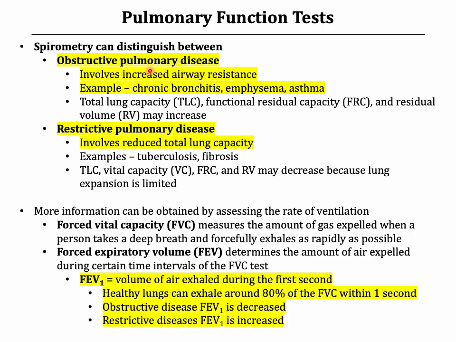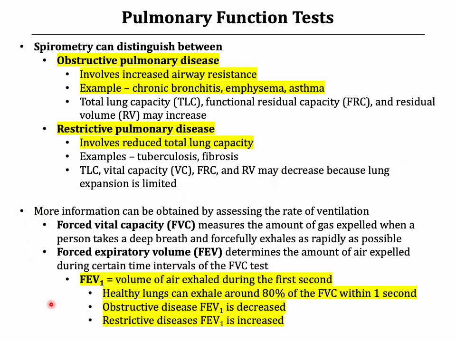There are going to be distinct capacities that are reduced or increased that really provide a key indication of some disease or disorder. And then restrictive is really more involving reduced total lung capacity, so tuberculosis and fibrosis being a couple examples of that. So the ability of the lungs to expand is limited or restricted.